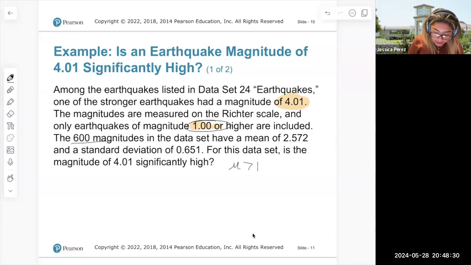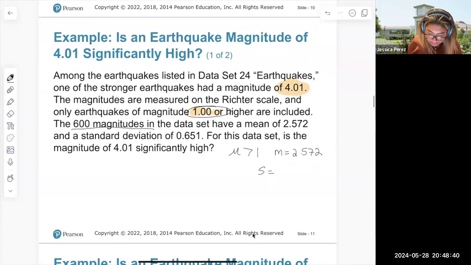The 600 magnitudes in the data have a mean of 2.572 and a standard deviation s of 0.651. So what do we have to do? They're already telling us the magnitude of 4.01, and then the mean.